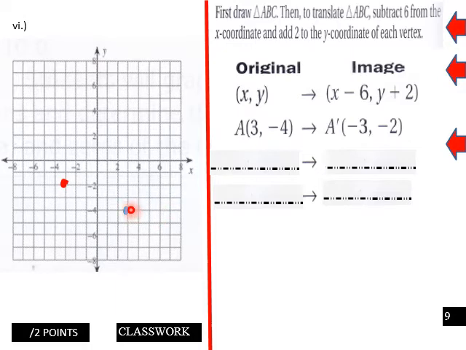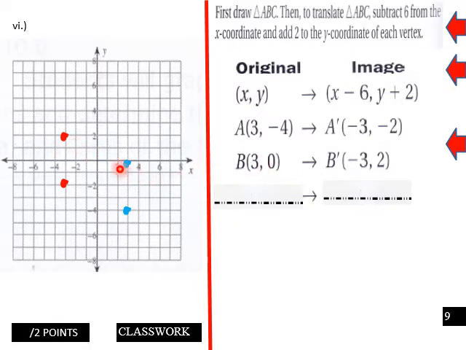So we're subtracting 6 from the x, and move this way 6, and then this will be the new point here. So we go from 3, -4 to -3, -2. And then 3, 0, then our translation. Here's our original, then our B prime would be -3, 2.